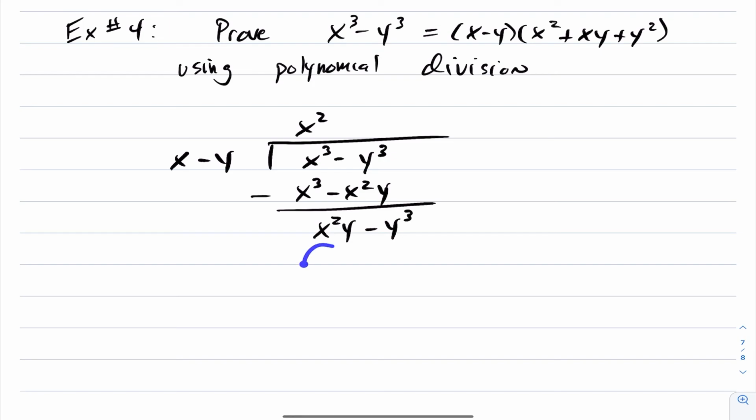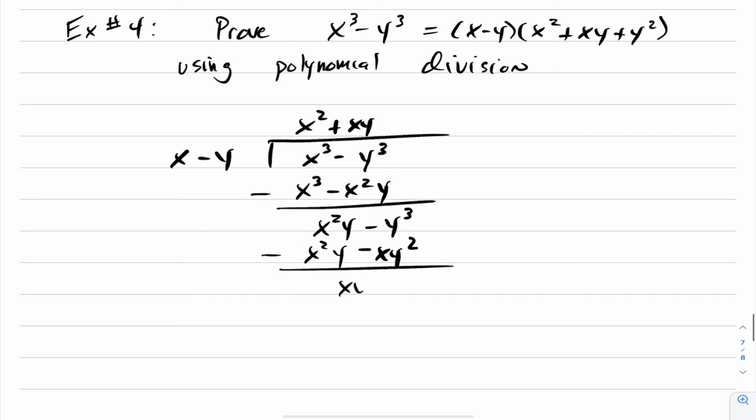Now, I want to get an x squared y in this position here. Well, therefore, I'm going to have to add an xy, so that when I distribute this xy into here, we get exactly x squared y minus xy squared. And again, subtracting, these x squared y terms will cancel, and we'll be left with xy squared minus y cubed.